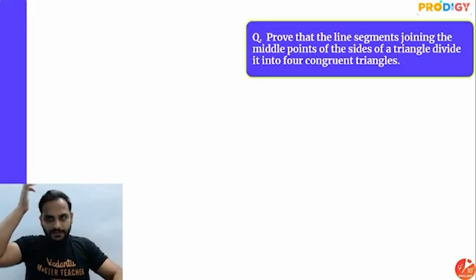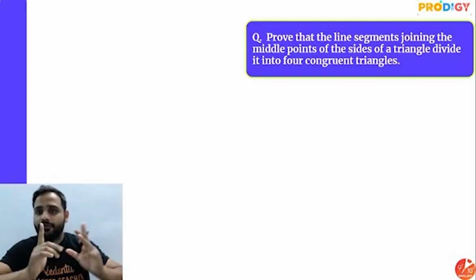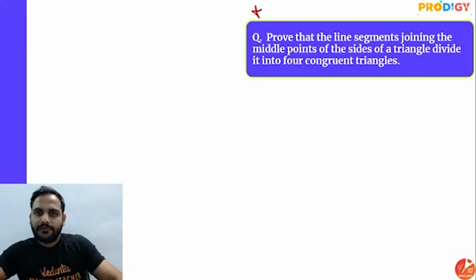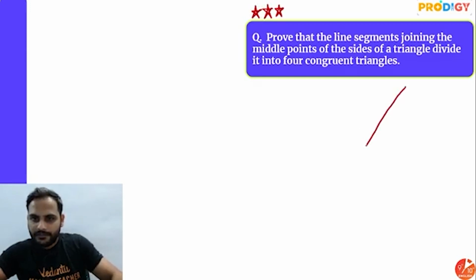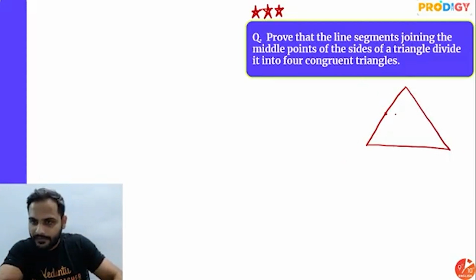Prove that the line segments joining the midpoints of the sides of a triangle divide it into four congruent triangles. Now this is one important question. This is a good question. What it says: suppose you have a triangle like this. The line segments join the midpoints of the sides of the triangle. So these are the sides of the triangle.